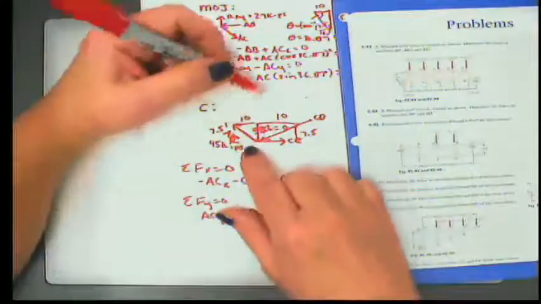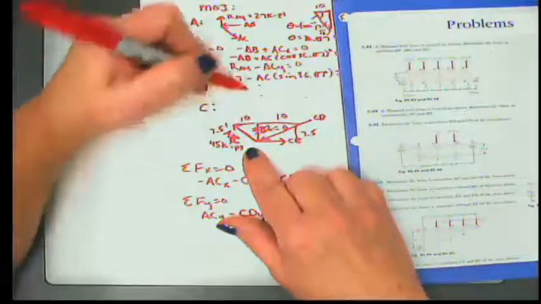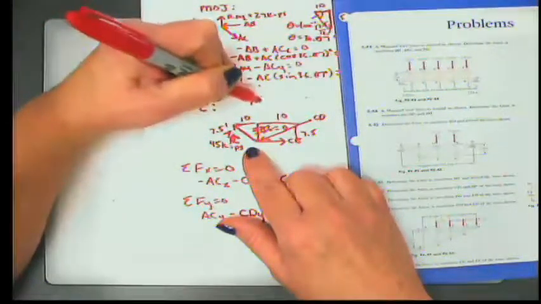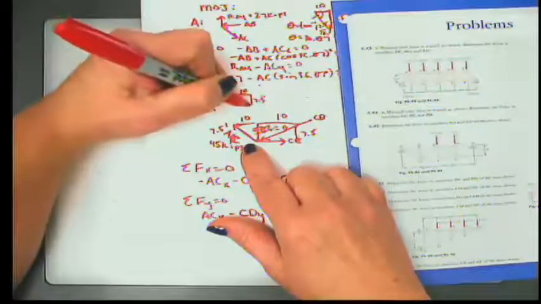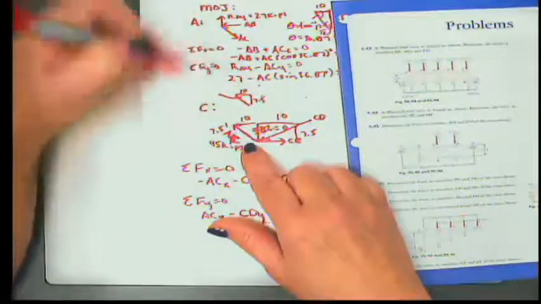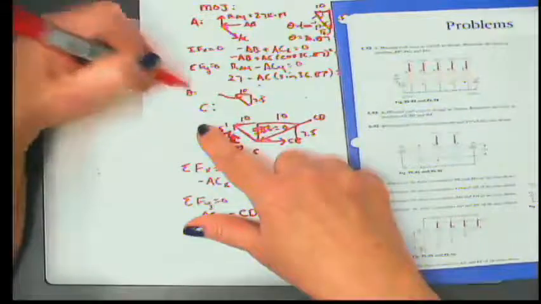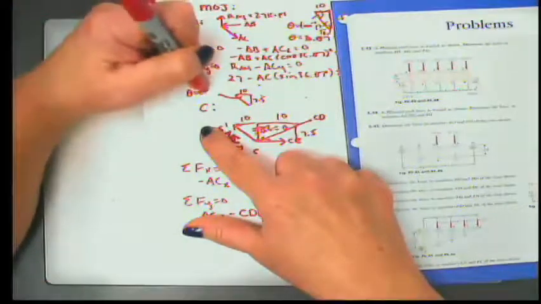All right, so I'm going to do this a little bit, not a shortcut, but a little bit different way. It's the same idea, but let's look at this structural member. If this is 10 and this is 7.5, this angle, theta, is equal to the inverse tangent of the opposite over the adjacent.